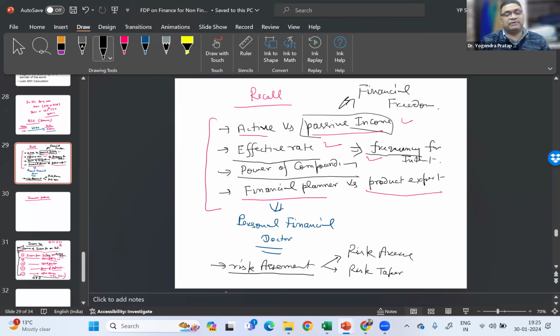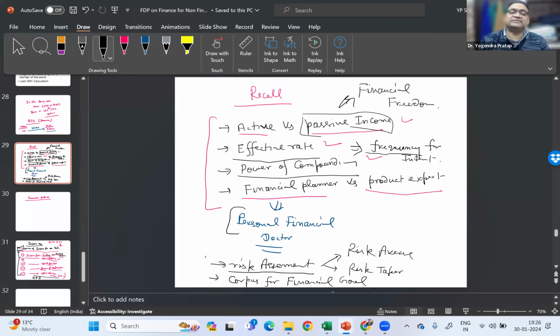Accordingly, a financial planner makes a plan for you. Suppose there is a financial goal, he calculates the corpus for short-term, mid-term, and long-term financial goals, like education of children, marriage of children, construction of a house. In the first step, he does the risk assessment. In the second step, the financial planner calculates the corpus for the financial goal.